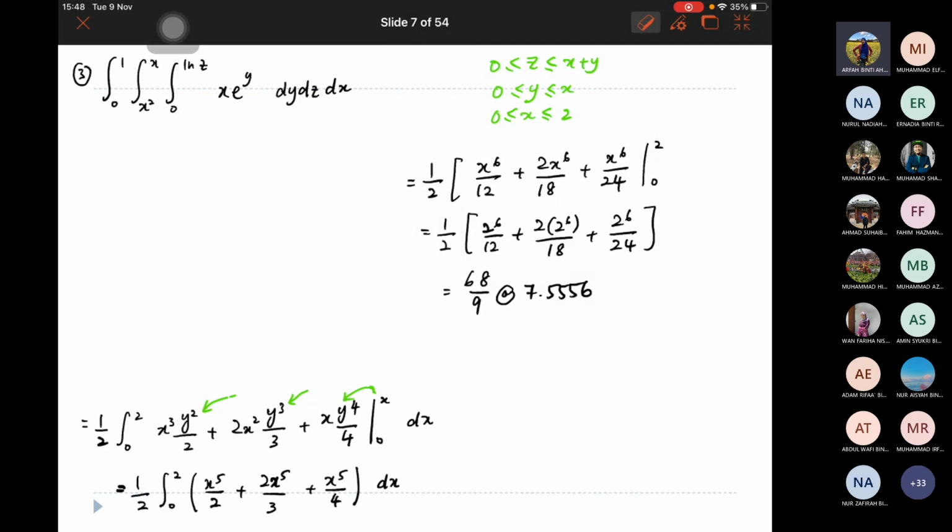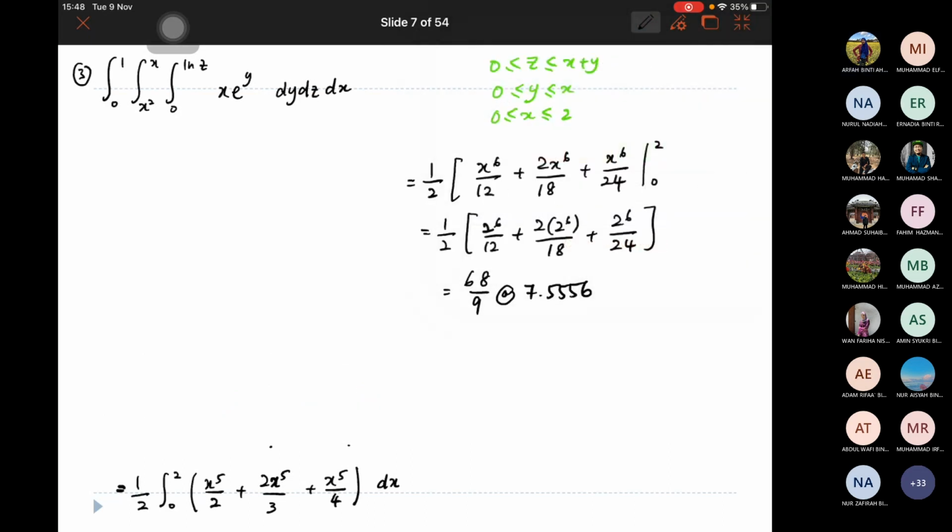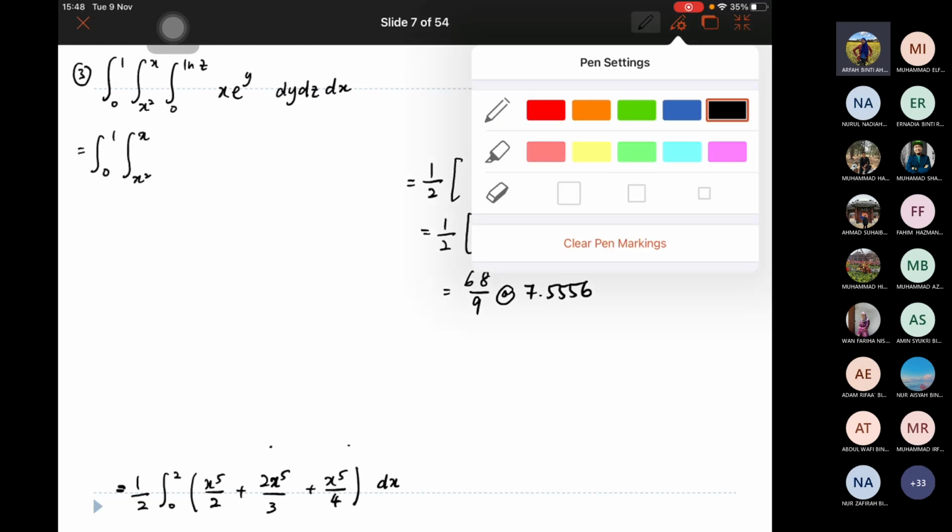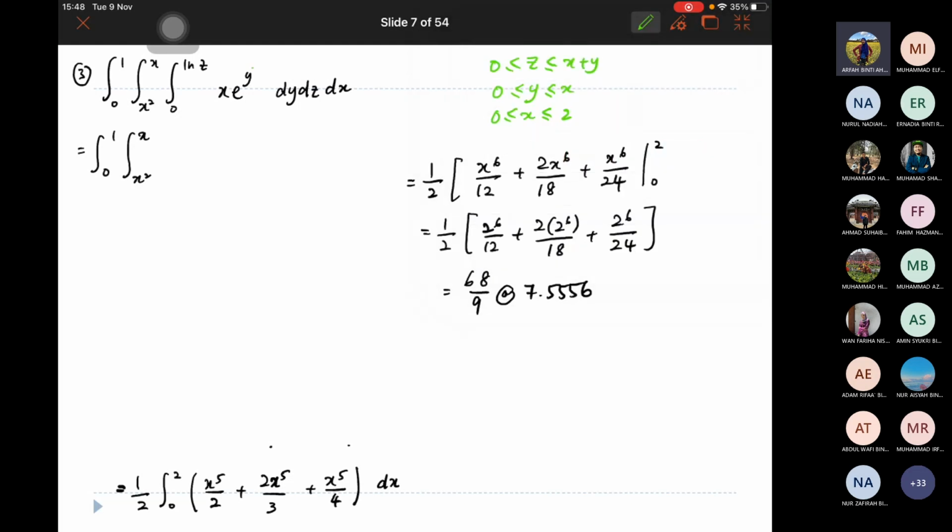So for this one, kita akan integrate terhadap y first. So integrate 0 to 1, x squared up until x. So x exponential y. So awak nak integrate exponential function ini terhadap y. So it will still produce the exponential term. So dia akan jadi x exponential y, 0 ln z. Okay.